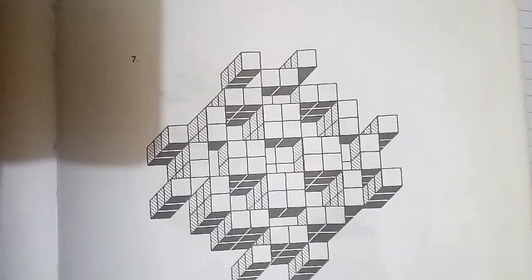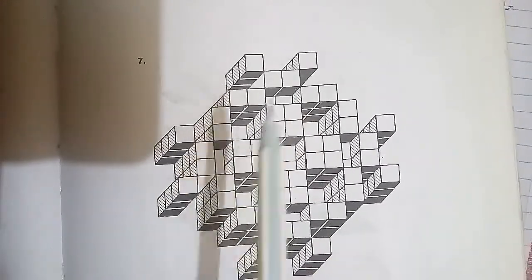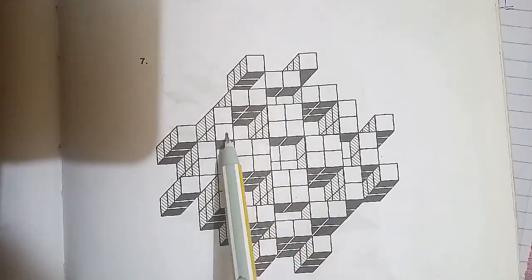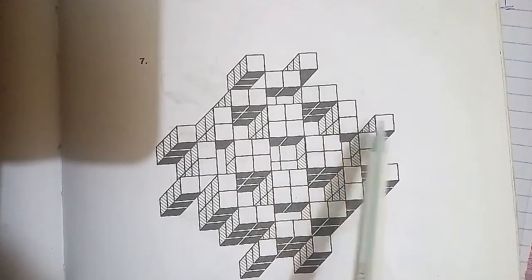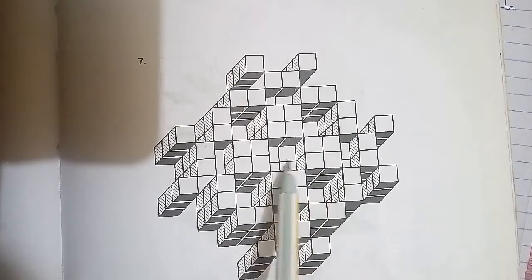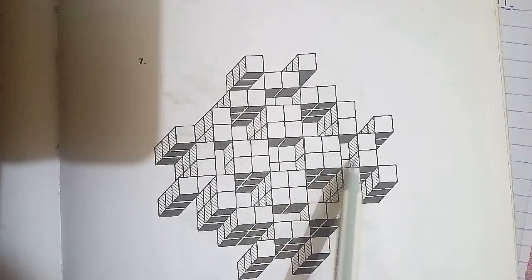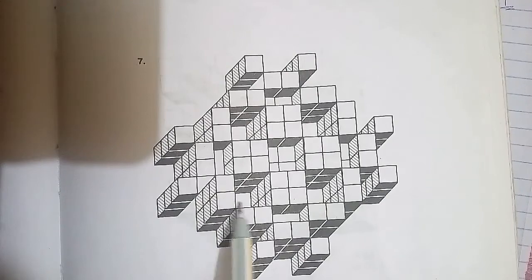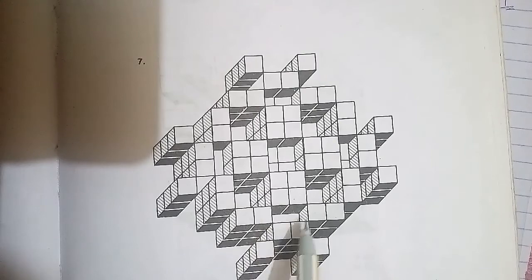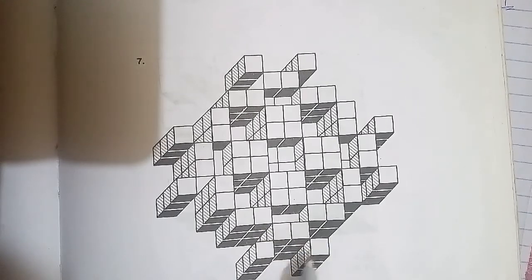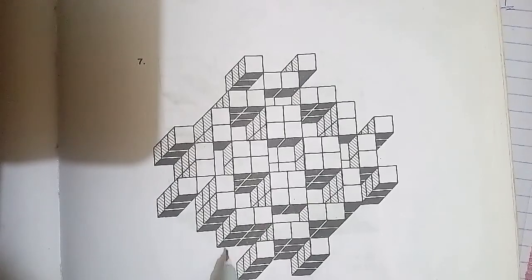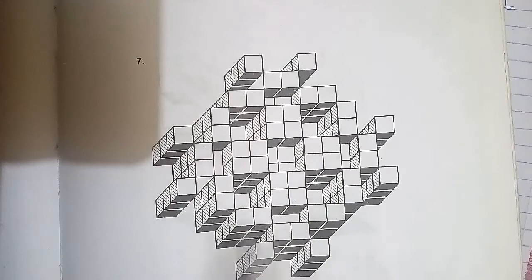So we'll talk about the 9th question here. Clearly the figure has 48 columns containing 3 cubes each and 12 columns containing 2 cubes each.